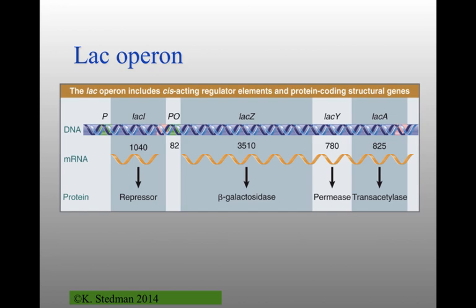So this is the lac operon, and again, it's got 3 genes in it, a lot like the trp operon, but instead of the trp operon, which is important for making a particular amino acid, in the case of tryptophan, the lac operon actually encodes proteins that are important for breaking down lactose as an energy source.